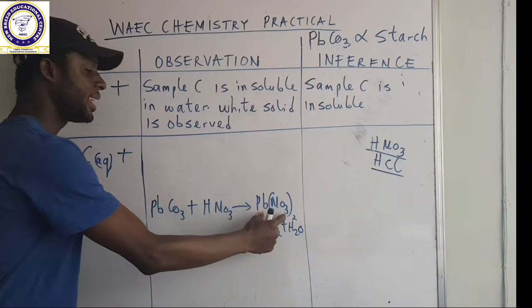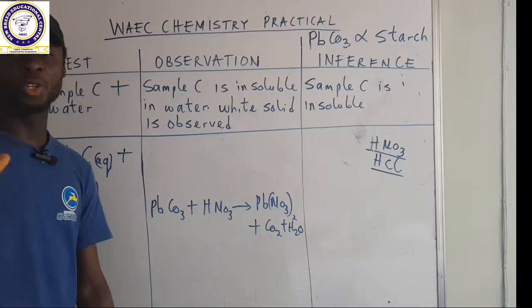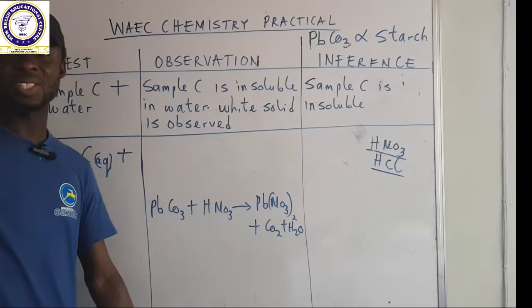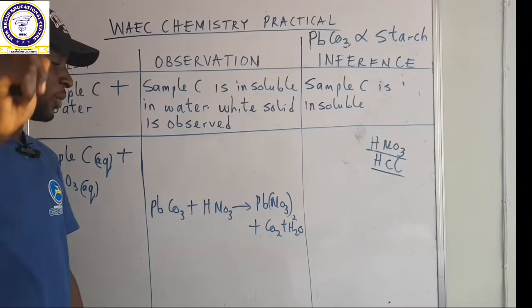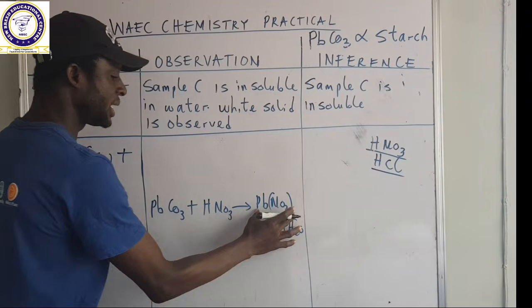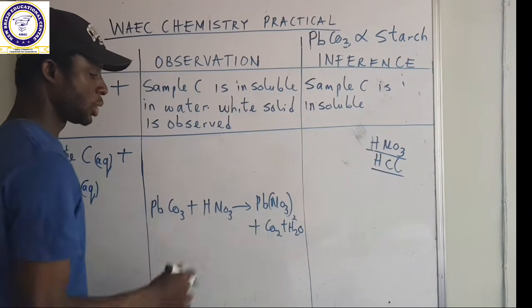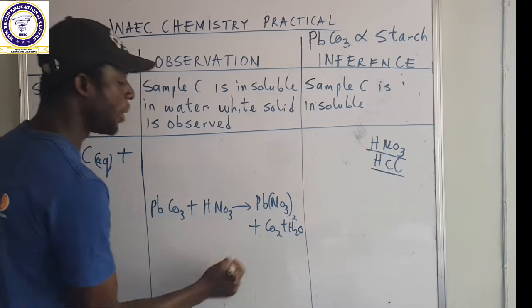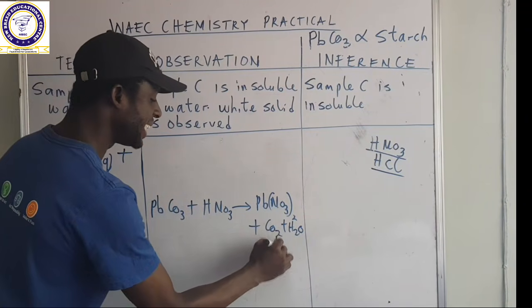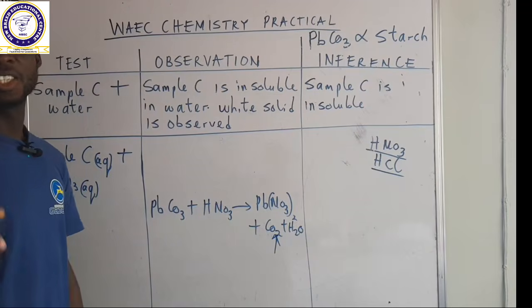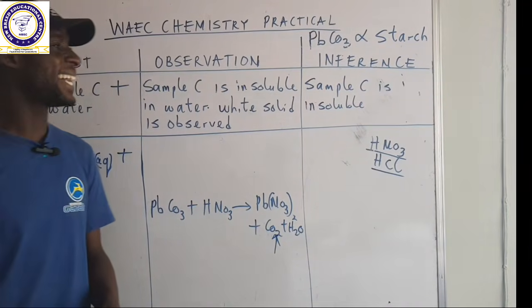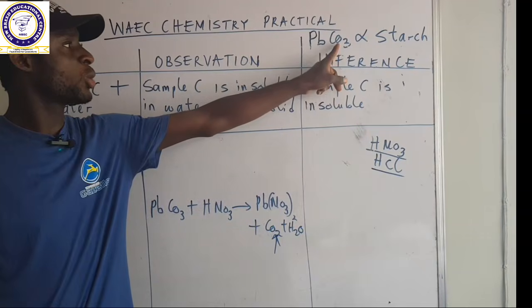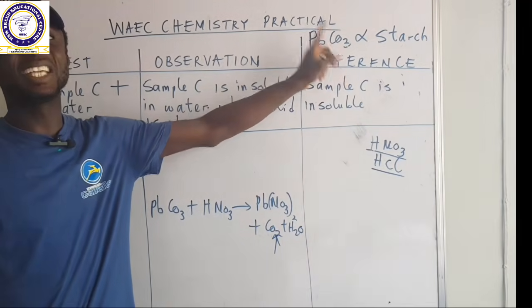I know your lead nitrate is soluble in water, because all nitrates are soluble in water. Now we have gotten our lead nitrate, so that we can now test for lead. But what we are going to see here is that CO2 gas is going to be liberated. And don't forget that I said we are also going to test for carbonate ion.